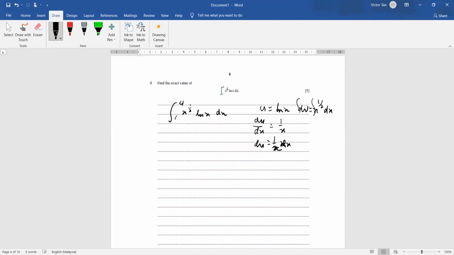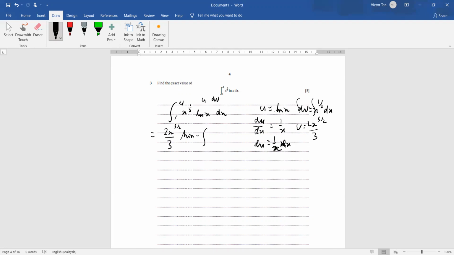So by integrating this, you get v equals x to the 3 over 2 over 3 over 2, so it will be 2 over 3 x to the 3 over 2. So the integral of u dv equals uv minus the integral of v du.